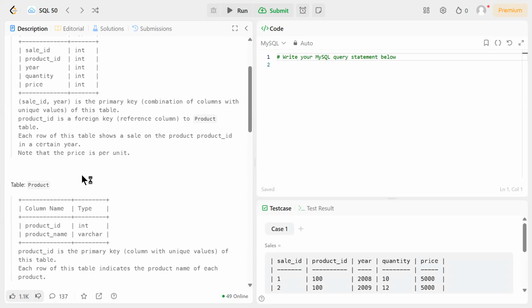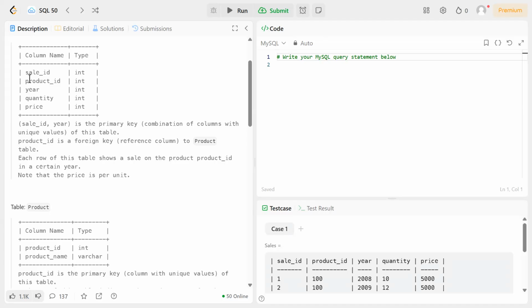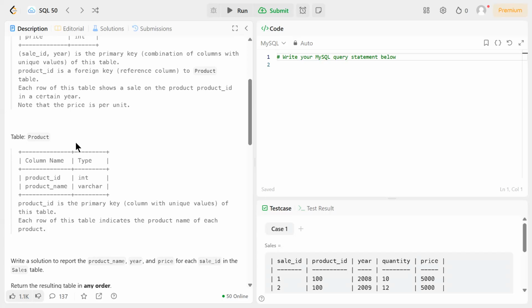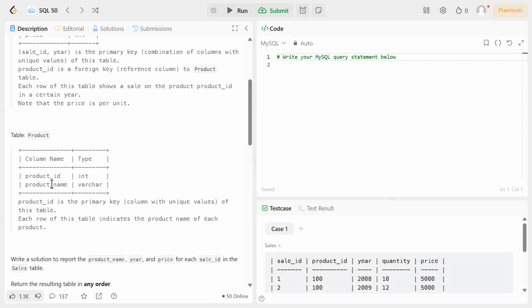The sale ID and year combined are the primary key, meaning each sale ID is unique per year. Product ID is a foreign key here that refers to another table called product. The product table contains details about products. Columns are product ID and product name. Here product ID is the primary key.